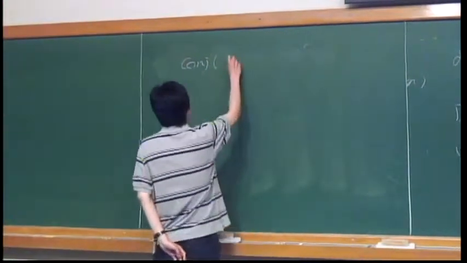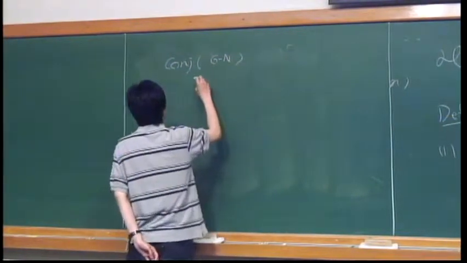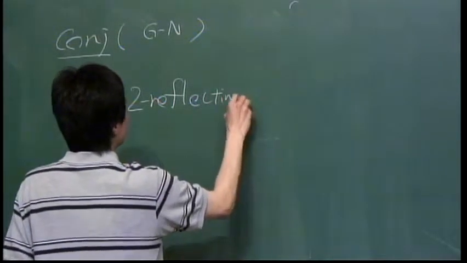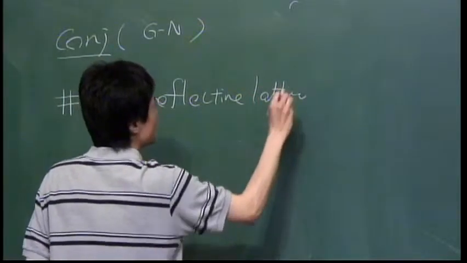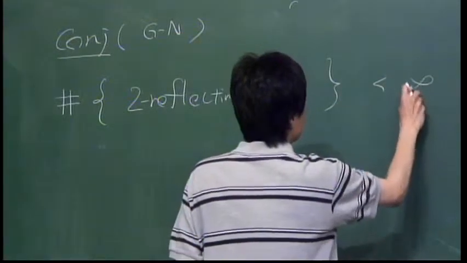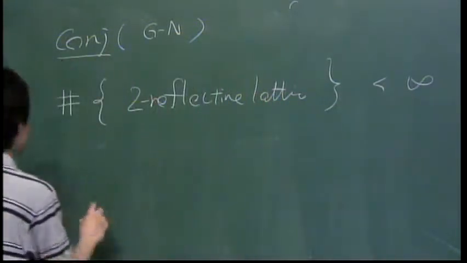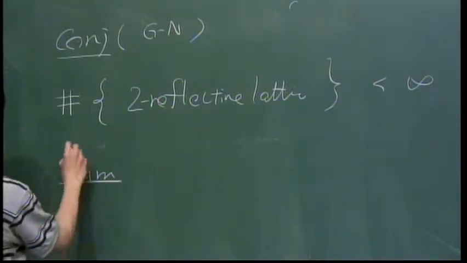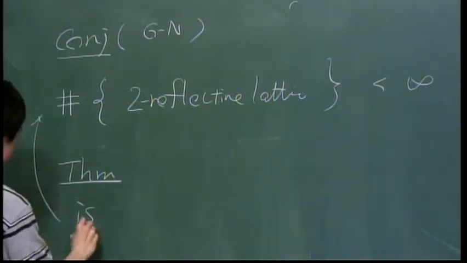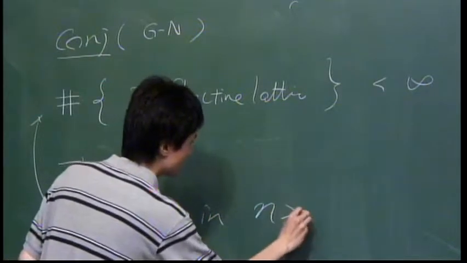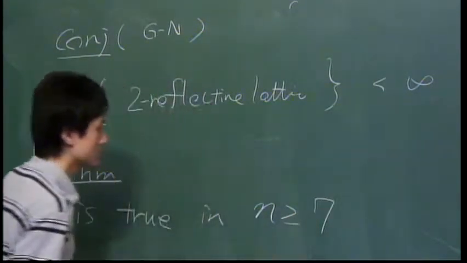Okay, there is now a conjecture of Gritsenko–Nikulin that the number of 2-reflective lattices of signature 2n would be finite. And I'd like to talk about that: this conjecture is true in the range n larger than or equal to 7.